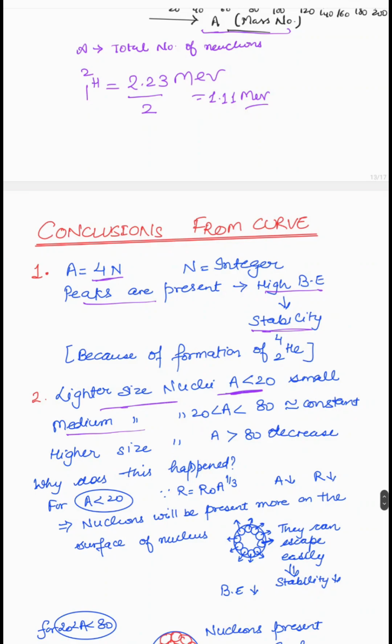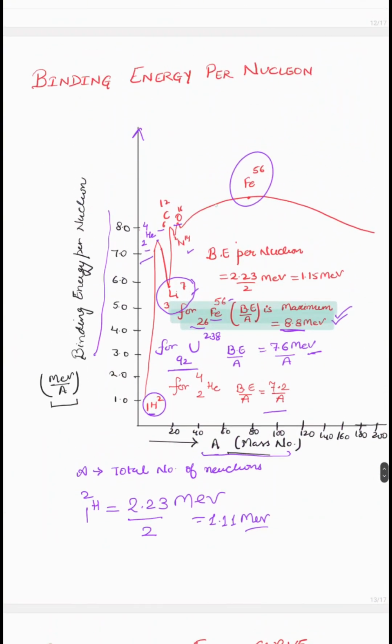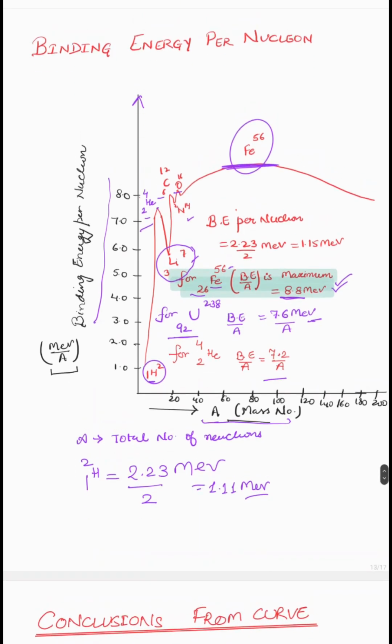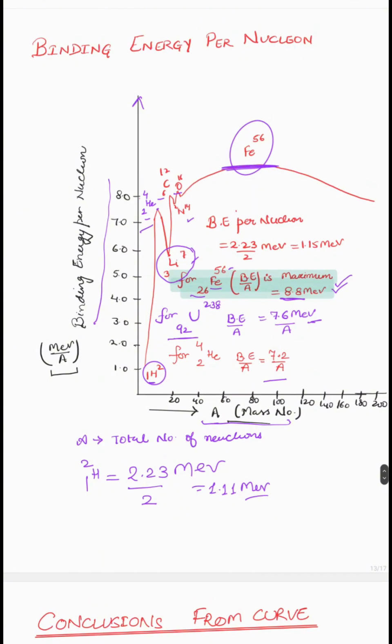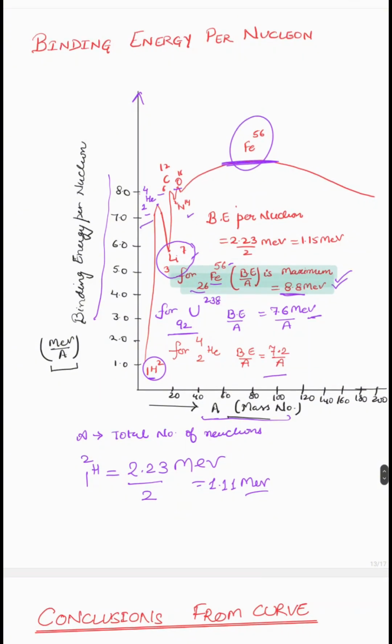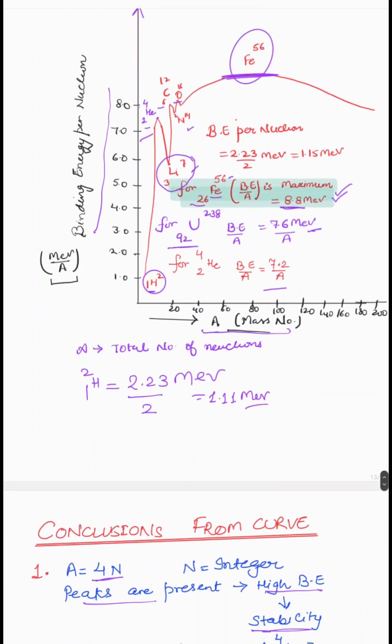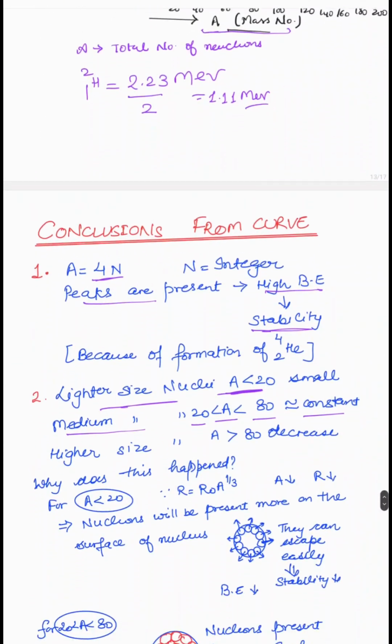Second, medium sized nuclei having mass numbers lying between 20 and 80 show a constant value. Like we can say in this region it is approximately constant. Approximately constant means the binding energy per nucleon is neither increasing nor decreasing. So we can say it is approximately constant.